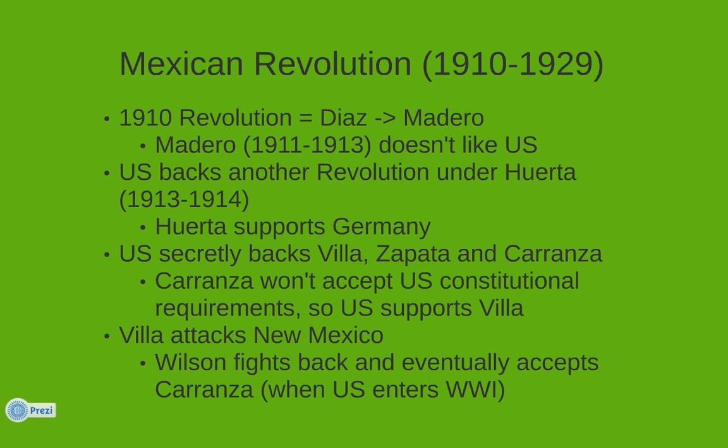Pancho Villa is famous because he actually eventually attacks the United States in New Mexico, which is altogether sort of an insignificant point in American history because shortly thereafter the United States is in World War I, and so they're not necessarily worrying about what's going on in revolutionary Mexico. But Mexico will come back into play when World War I starts heating up and the Germans try to get the Mexicans to attack the United States, but that's a story for another day.